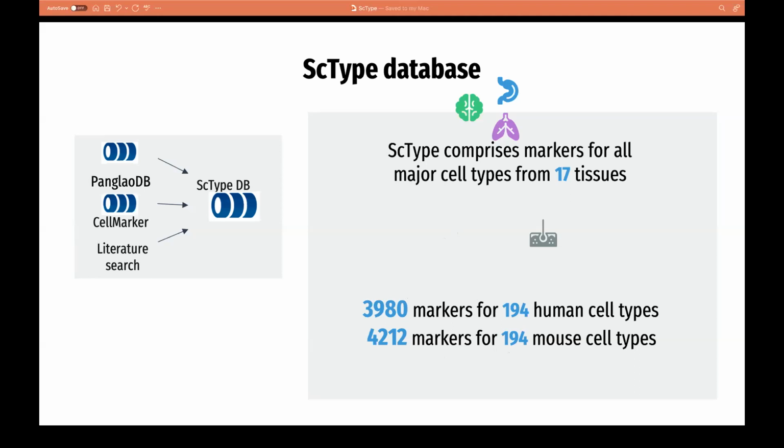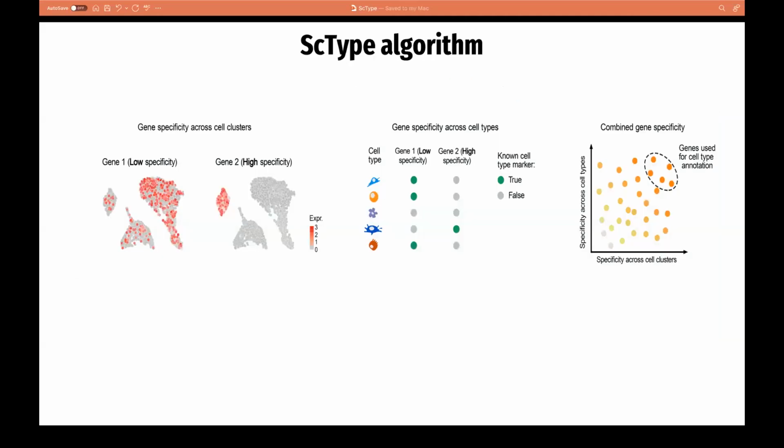So till now, this is the largest database for cell type specific markers. And then we try to implement an algorithm that basically takes two things into account. One was that if a gene has low specificity in terms of expression in a cluster, then it is penalized while scoring a cell type.